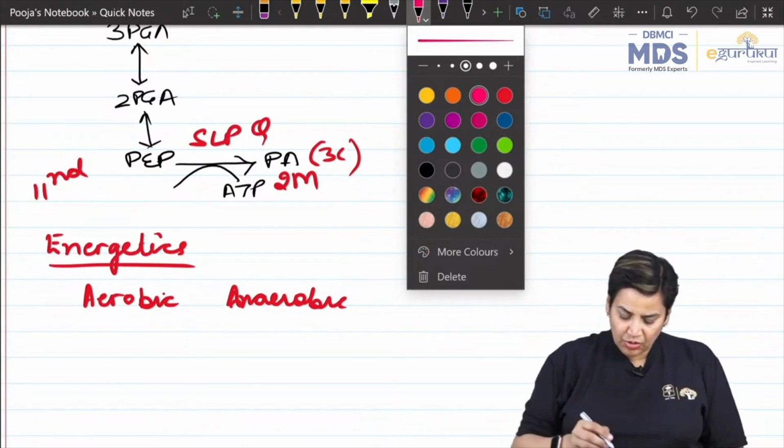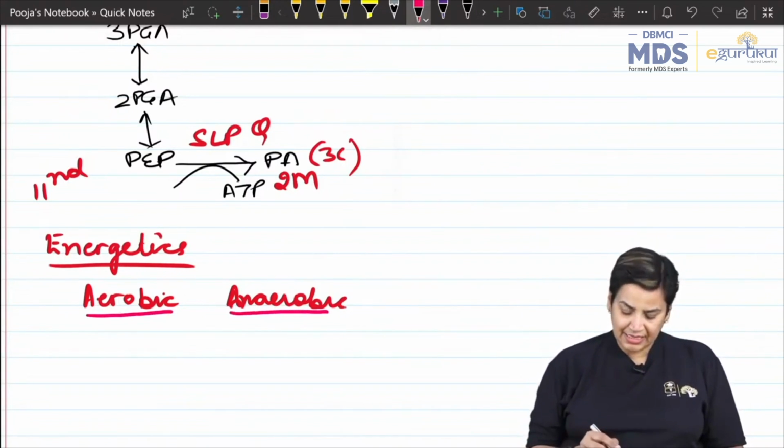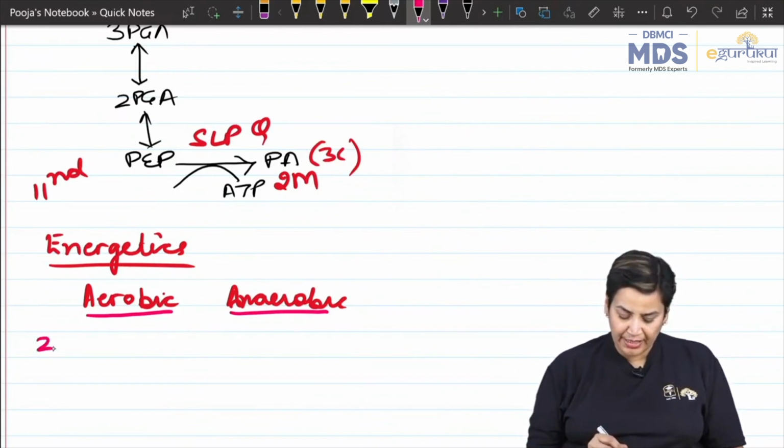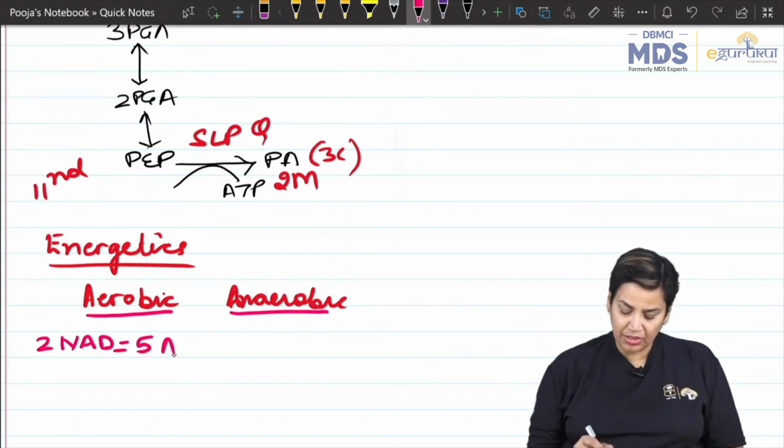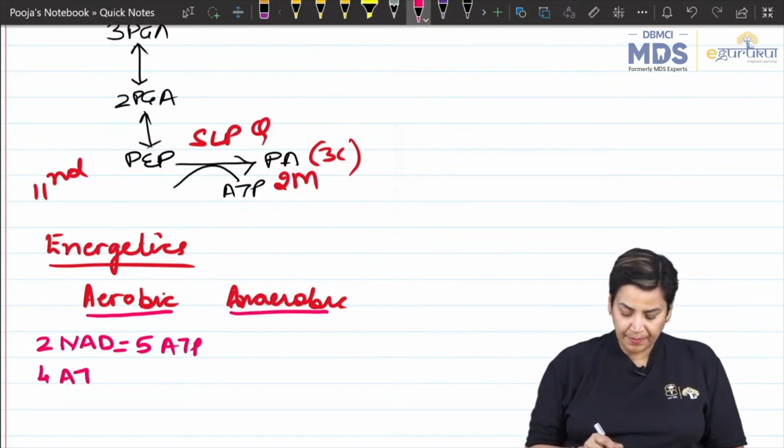So if we talk about aerobic, 7 ATP will be produced, because the 2 NADH are giving 5 ATP molecules, and 2 plus 2, 4 ATP.